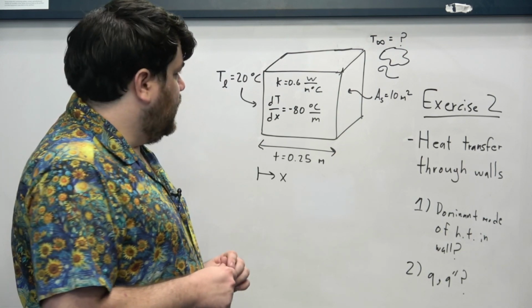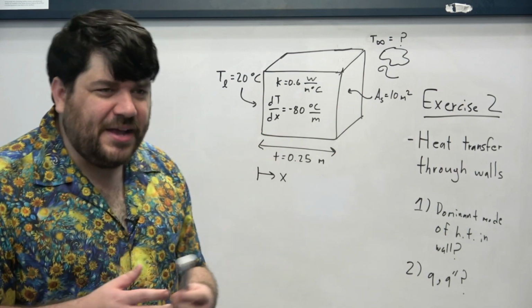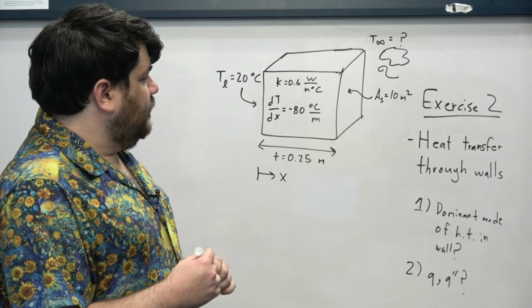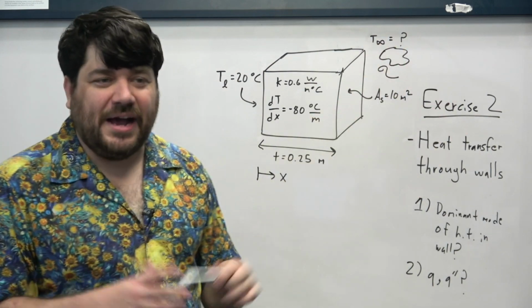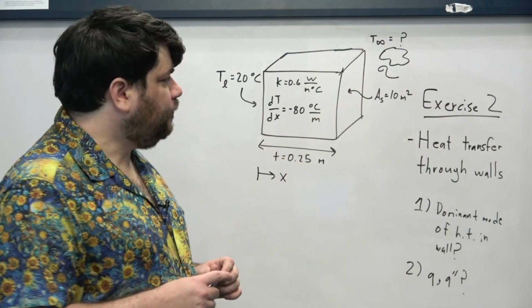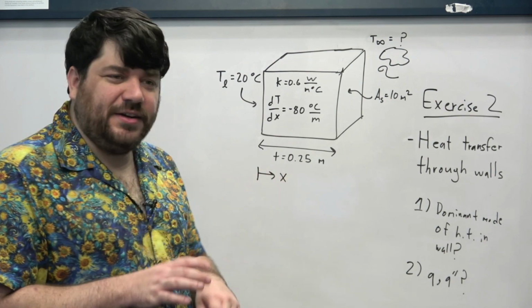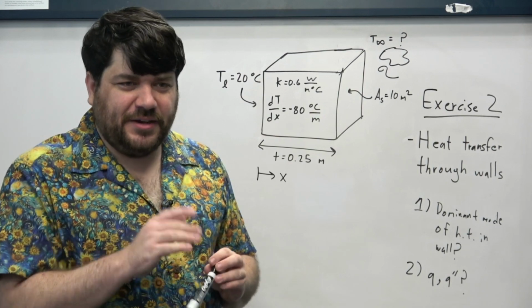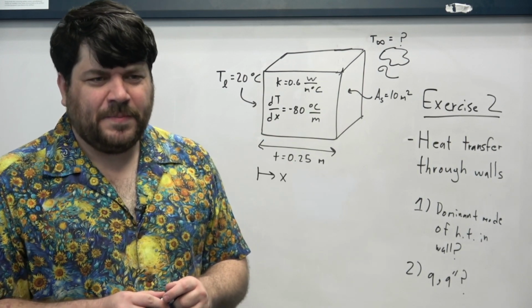All right? This brick wall, you can imagine, is maybe separating some room on the left from the environment, from outside. Okay? This brick wall has a thickness of 0.25 meters, and it has a cross-sectional area of 10 meters squared. All right?